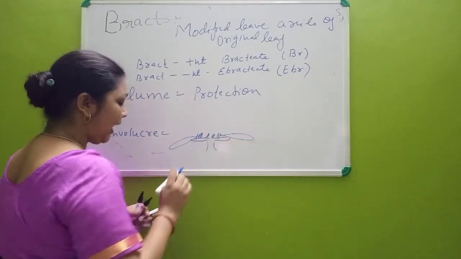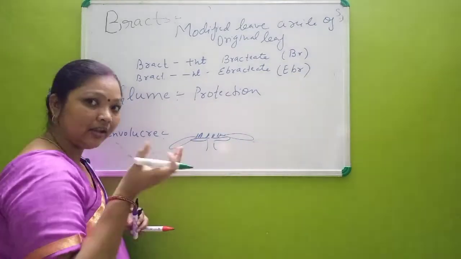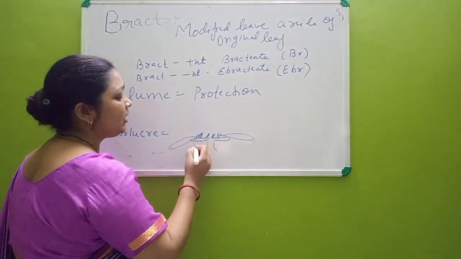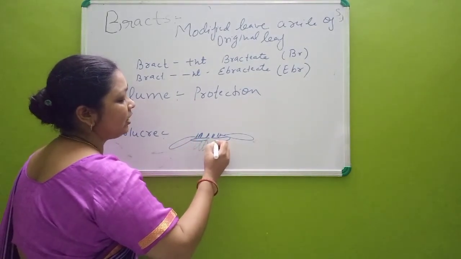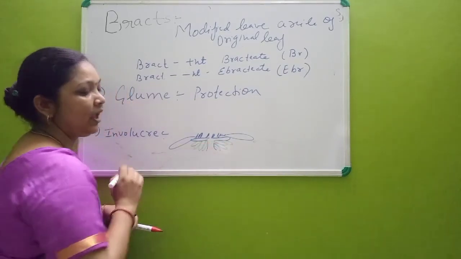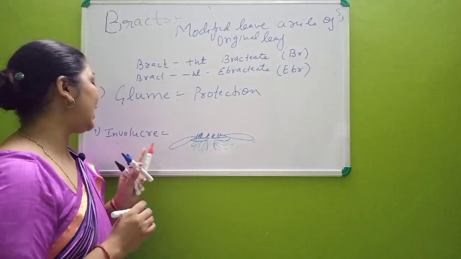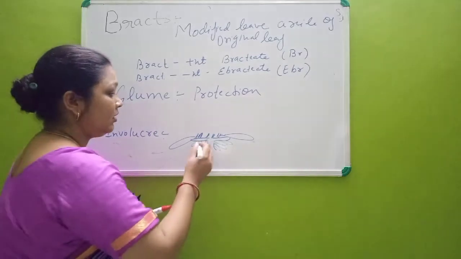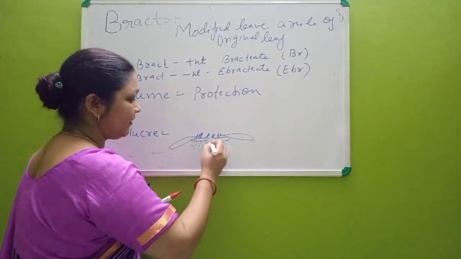Below the flower, if we turn it, you will see a mini leaf-like green leafy structure, and this is known as the involucre.